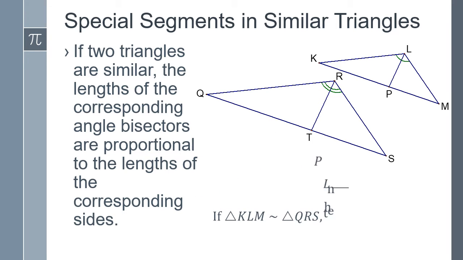All right, so if two triangles are similar, the lengths of the corresponding angle bisectors are proportional to the lengths of the corresponding sides. So here we have triangle KLM and triangle QRS.